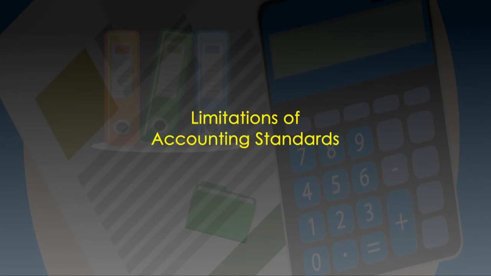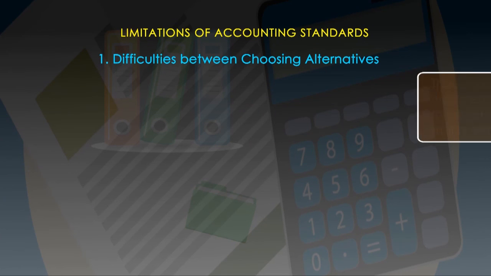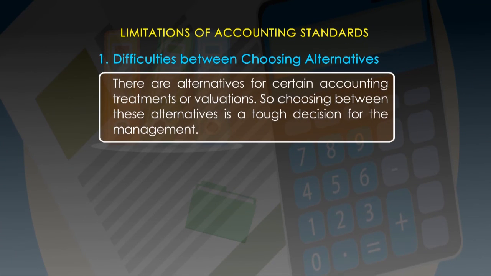Now we have limitations of accounting standards. There are a few limitations of accounting standards as well. The regulatory bodies keep updating the standards to restrict these limitations. They are: number one, difficulties in choosing between alternatives.